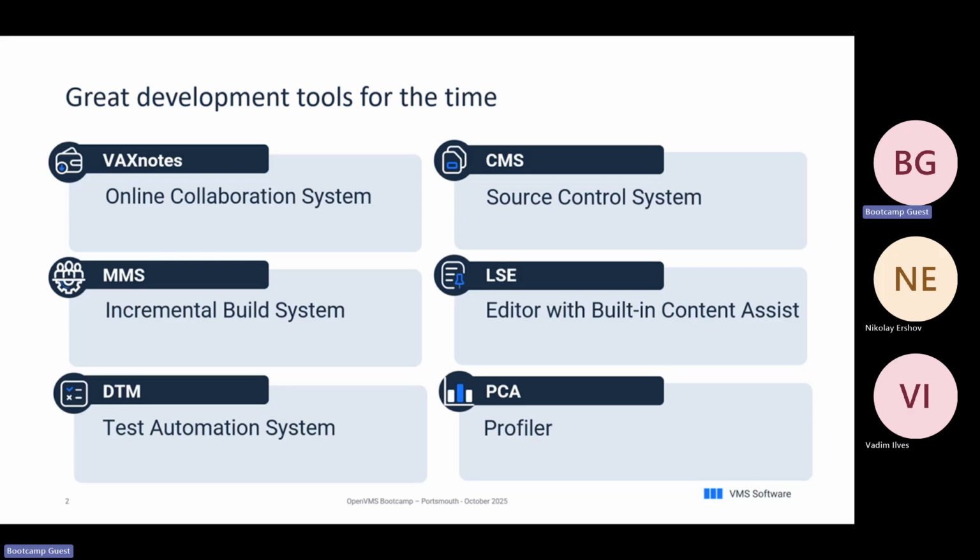CMS, one of the first source control systems. MMS, before Make. DTM, PCA, LSE was the first IDE, I would say, because it really helped with development productivity. The other operating systems pretty much didn't have that.